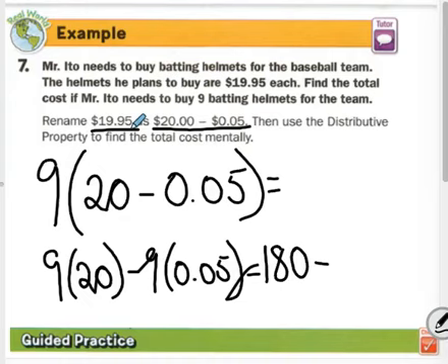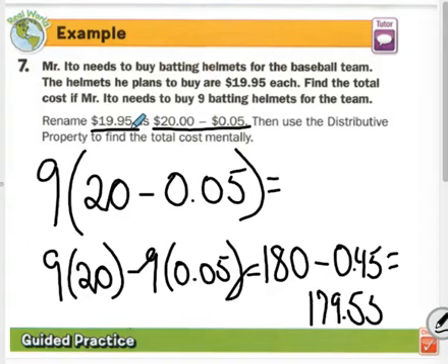Well, that's like 5 cents. 9 times 5 is 45, so that would be 45 cents. So all I'm doing is taking $180 and subtracting 45 cents. Well, that's $179.55. And I just did that without the use of a calculator at all because of the distributive property.